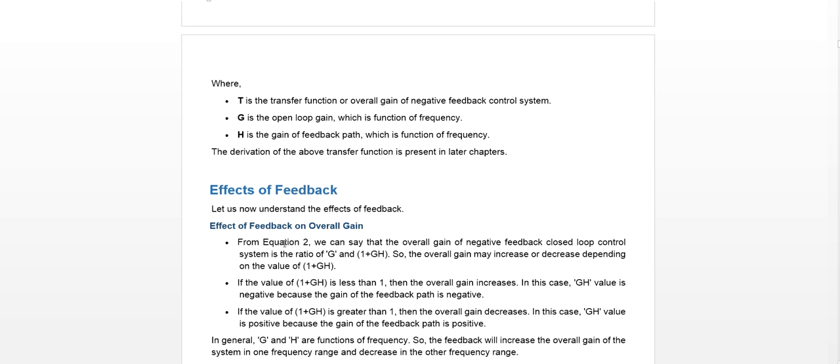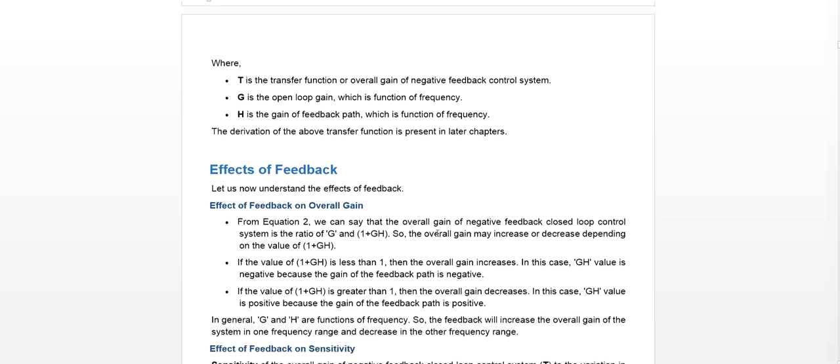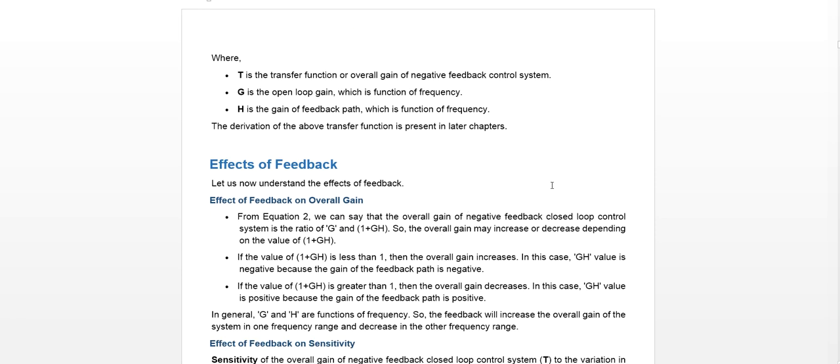Now, effects of the feedback. Equation 2 is for the negative feedback control system. From equation 2, we can say that the overall gain of the negative feedback control system is the ratio of G and 1 plus GH. The overall gain may increase or decrease depending on the value of 1 plus GH. If the value of 1 plus GH is less than 1, then the overall gain increases.